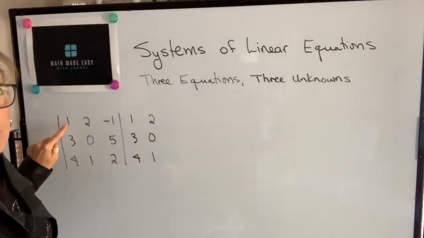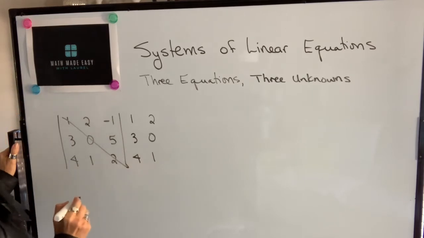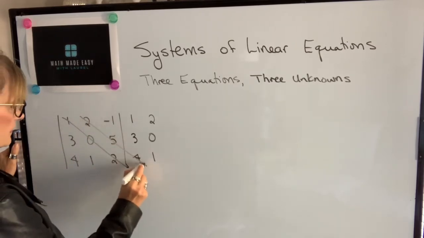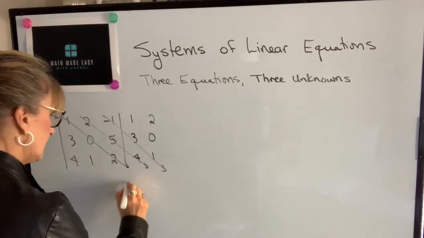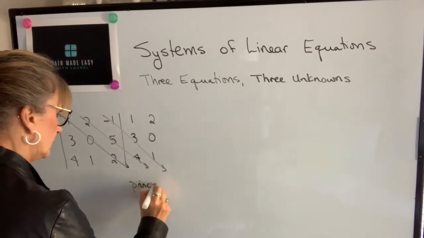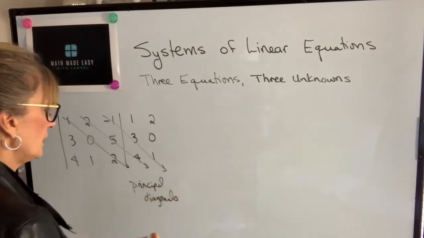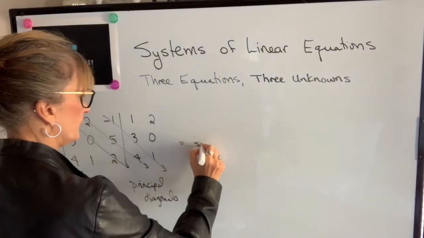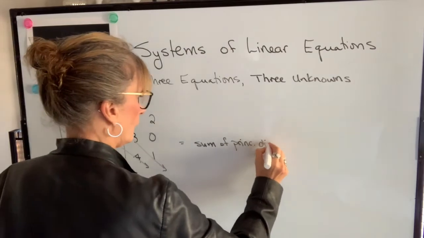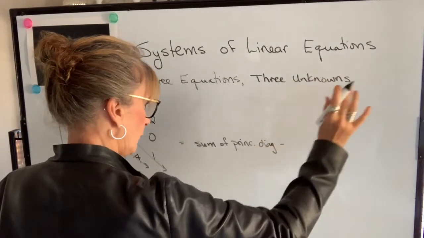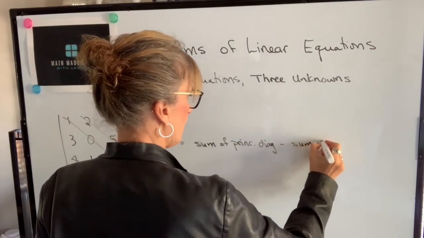Then, starting in the upper left corner, you're going to create three principal diagonals. We're going to take the sum of those principal diagonals and then we're going to look at the secondary diagonals, and we're going to subtract the sum of the secondary.